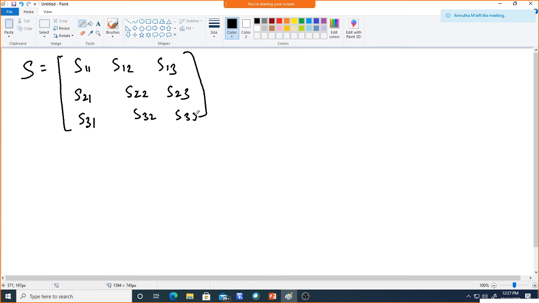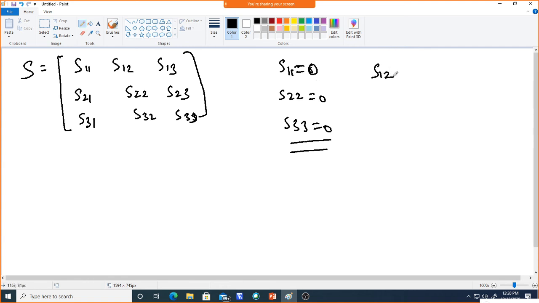Now since all the ports are matched, S11 equals 0, S22 equals 0 and S33 will become equal to 0. Since all the ports are matched, these will all become 0, and for S12, the power delivered between port 1 and port 2, it will be equal to S21.